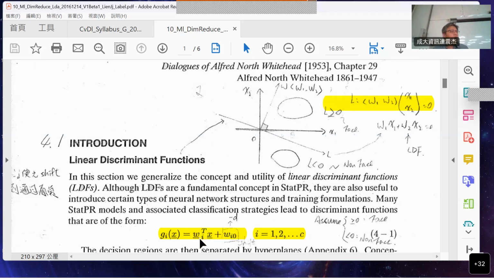And what's W? W is rotation and scaling. So it's kind of an affine transform. Why is W rotation? W is this one, the normal direction. If you rotate W, because the line has a normal direction, and the normal direction is W, it means this line is rotated.